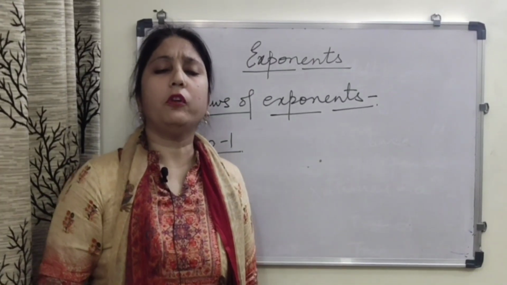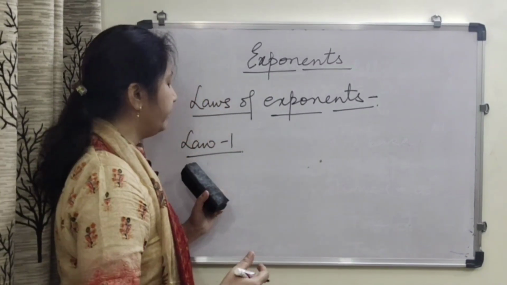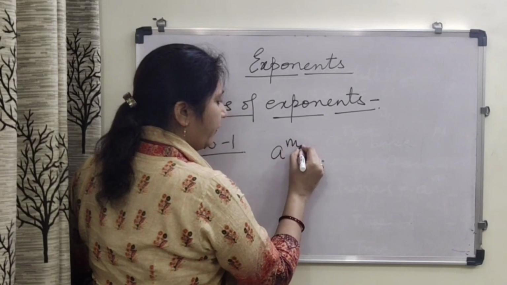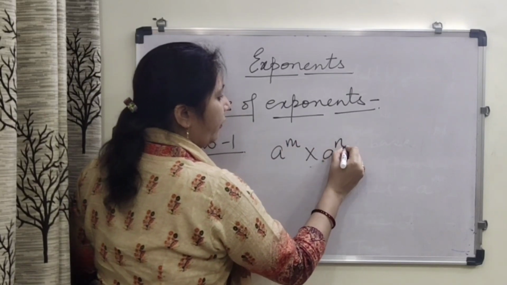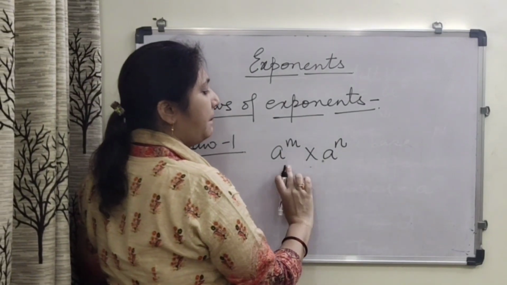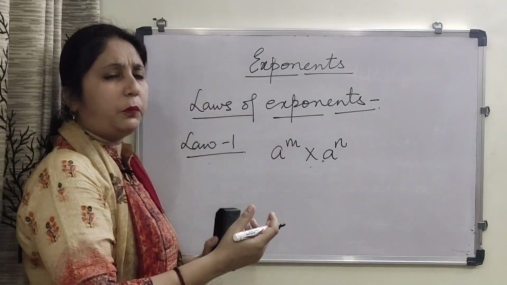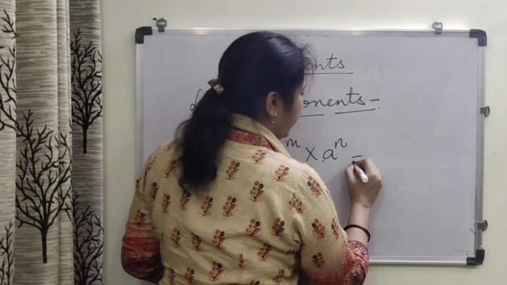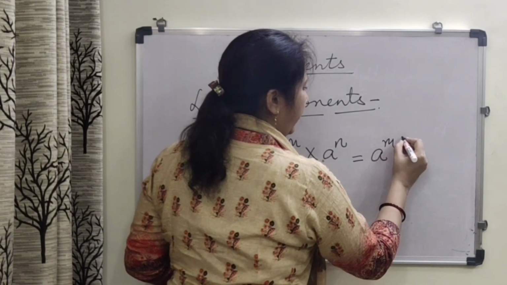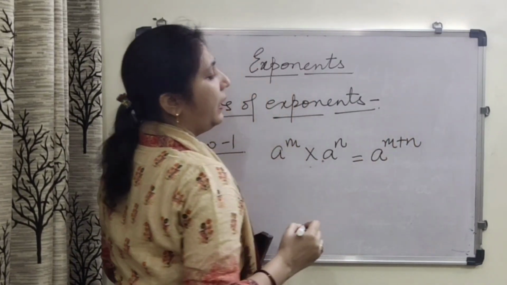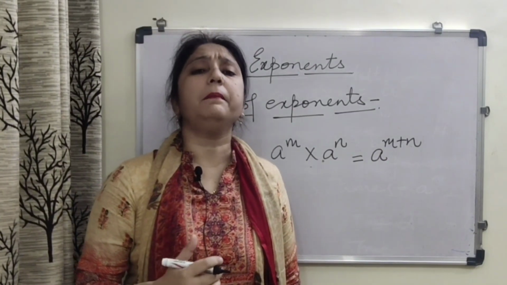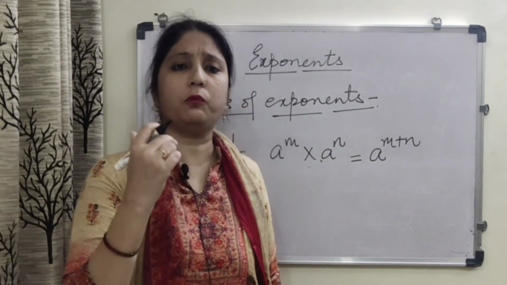Now coming to the laws of exponents, the first law says: if you are multiplying the same bases with different exponents, in the result we write the base just once and we add the exponents.